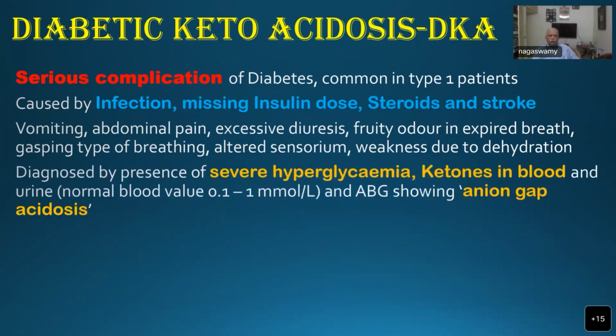It is diagnosed by severe hyperglycemia, ketones in blood and urine, where the normal value is between 0.1 to 1 millimole per liter, and ABG showing anion gap acidosis.